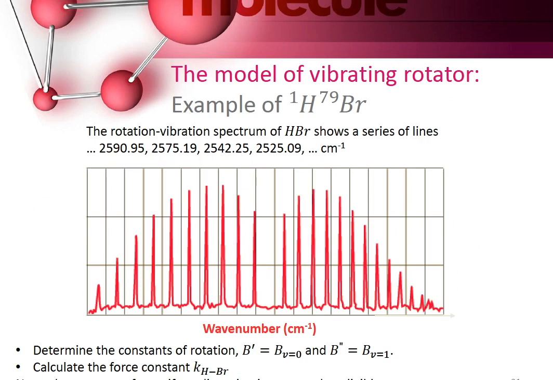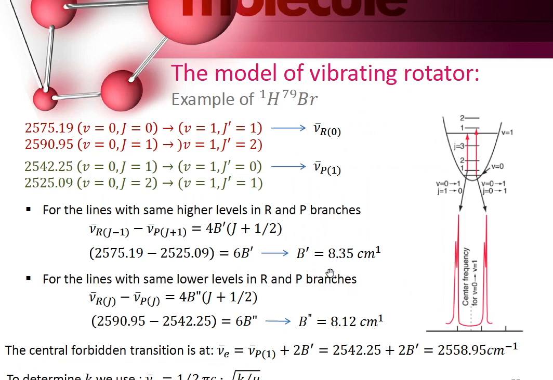So we give you, and you will see in the problems, basically a hint or directly the spectral line values, the wave numbers of the spectral lines that appear here. In this case, the spectral line appearing at this wave number on the graph corresponds to the transition from V equals 0, J equals 0 to V prime equals 1, J prime equals 1.